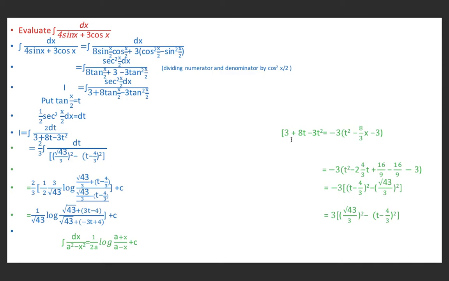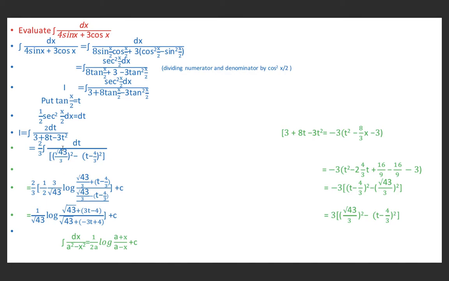So we have expressed this expression as a difference of squares of two terms. So it may be written as, 3 is in the denominator here, so 1 upon 3, under root 43 upon 3 whole square minus t minus 4 upon 3 whole square. So we have dt here. This term is of the form 1 upon a square minus x square.